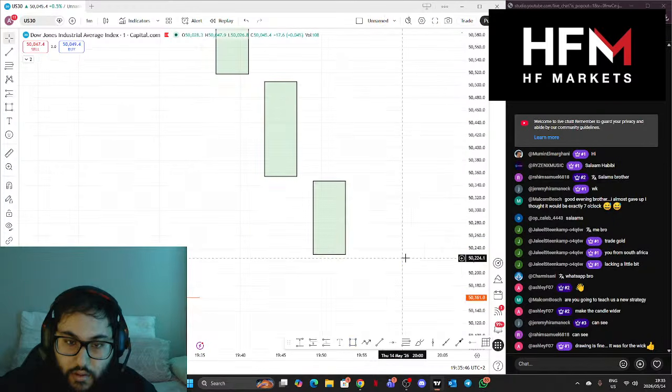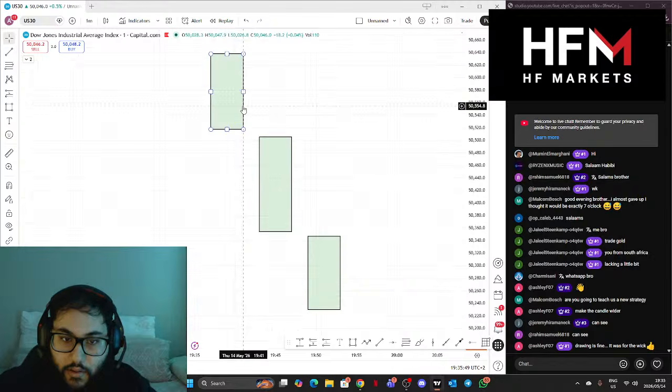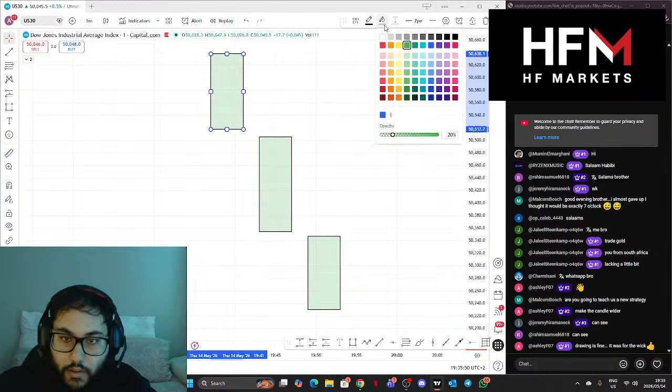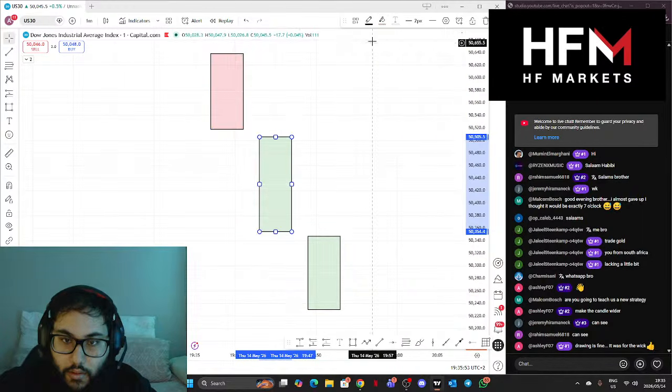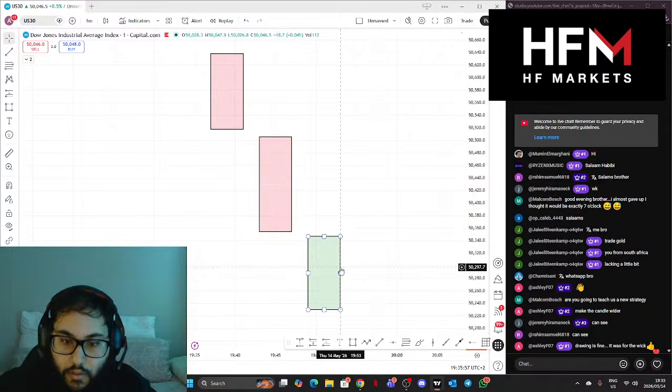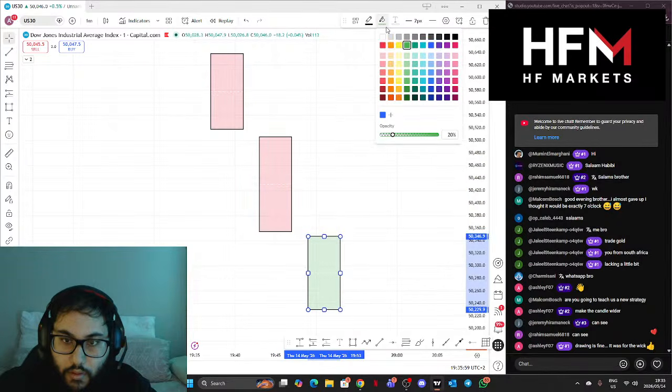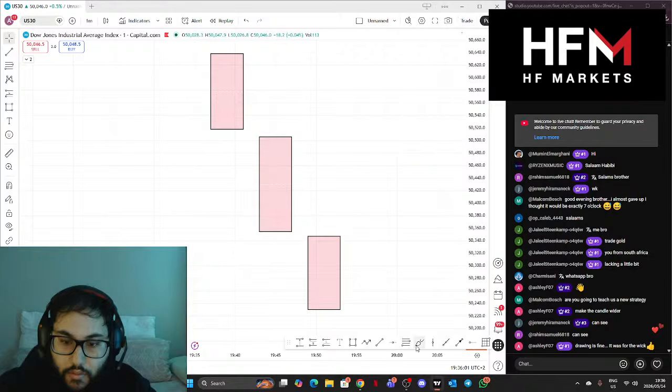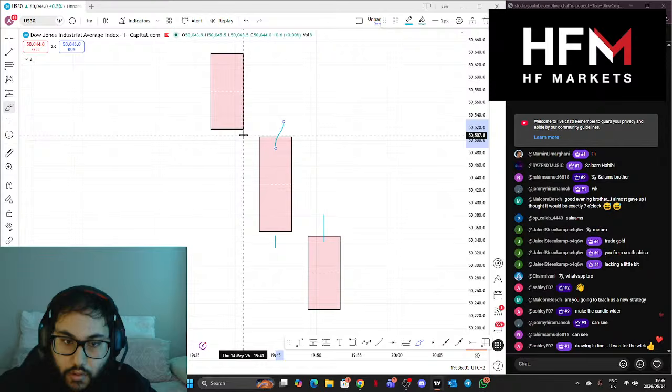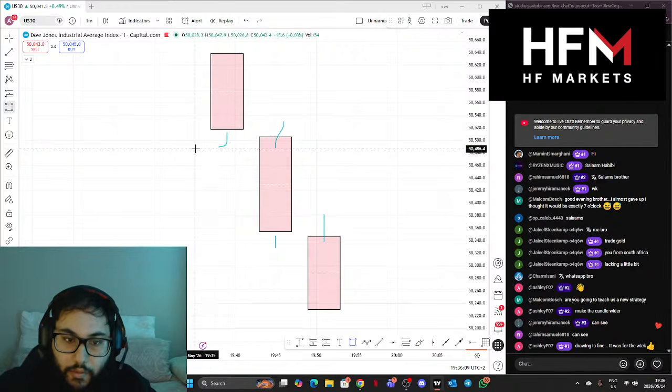There's a candlestick there, so make all of this red. Okay, now this is an example of a bearish fair value gap.